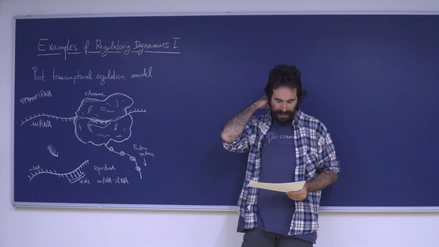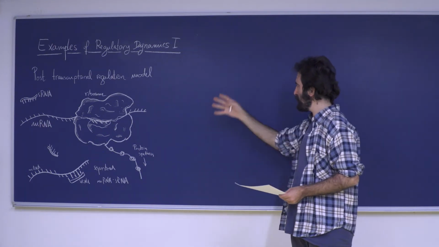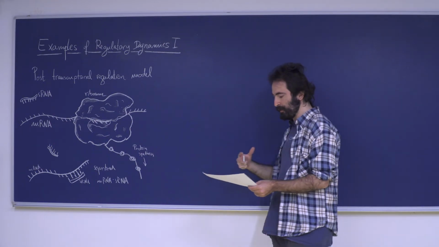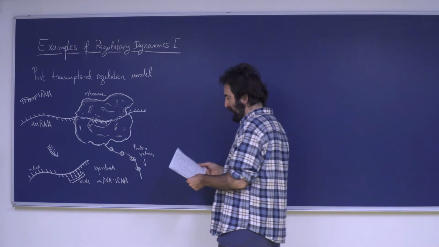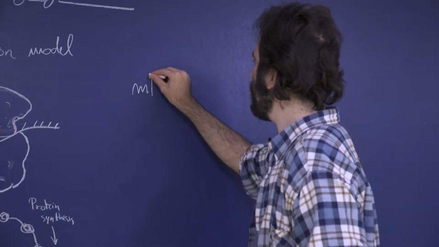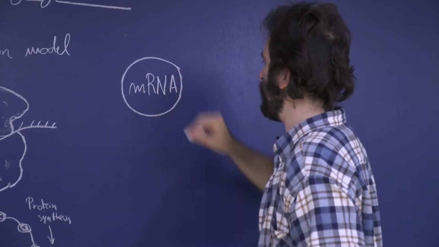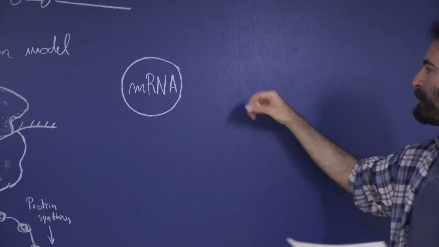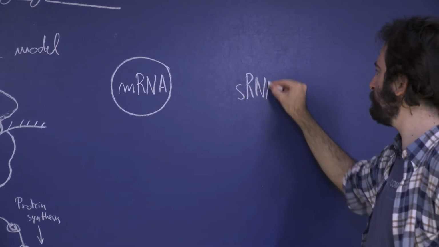How do we depict this model, right? Can we actually do one of these nice pictures that allows us to go to the next page and develop some ordinary differential equations? Well, we can. So we have a population of mRNA in our system. We also have, depending on the genome that we are studying, some sRNA that is also being generated. I'll give you some examples at the end.